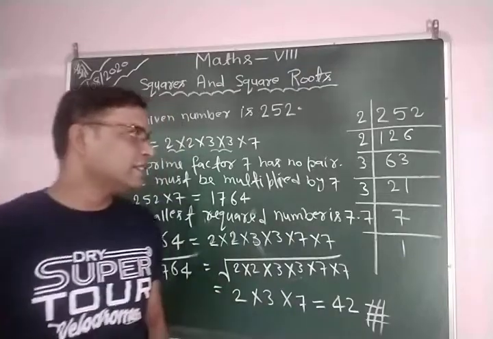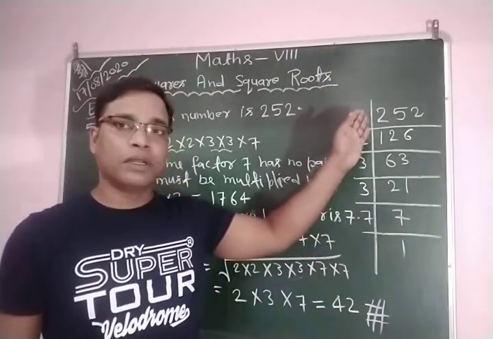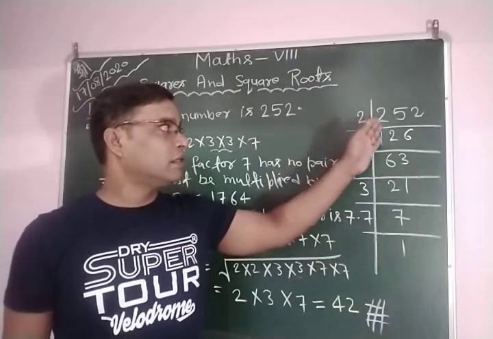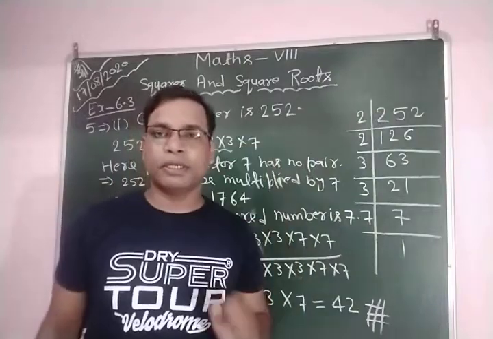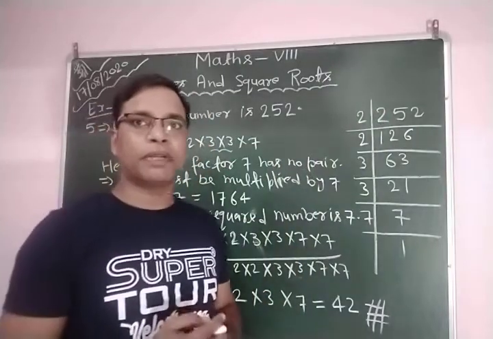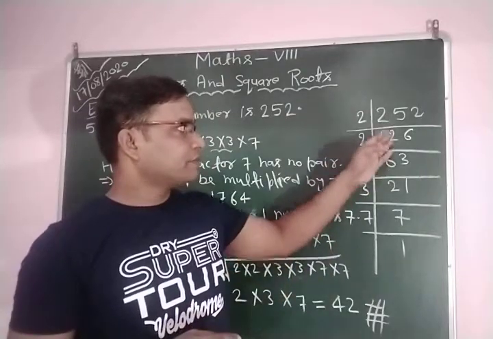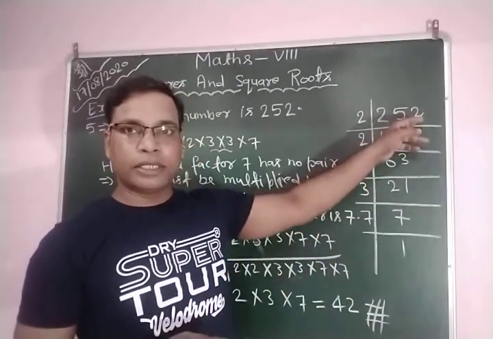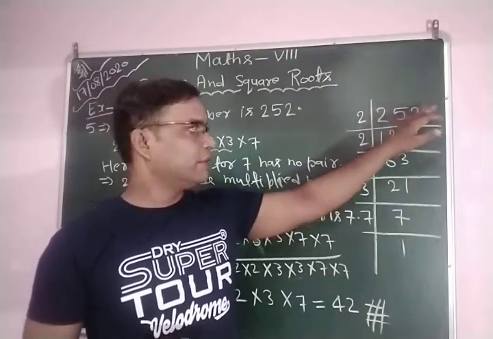For this, first we find the prime factorization of the given number, 252. You can see the unit place digit is even, so this number is divisible by 2.